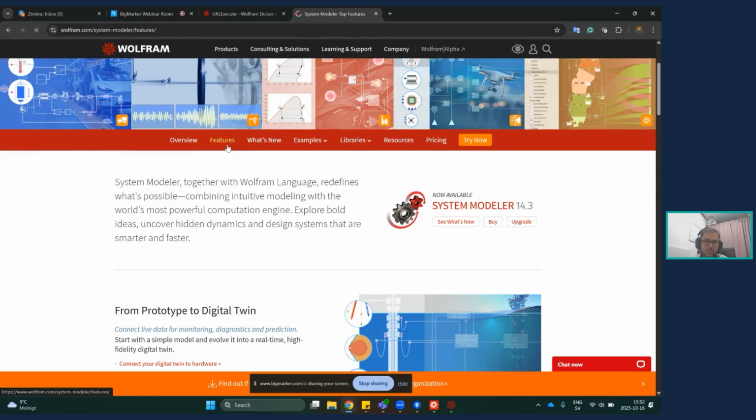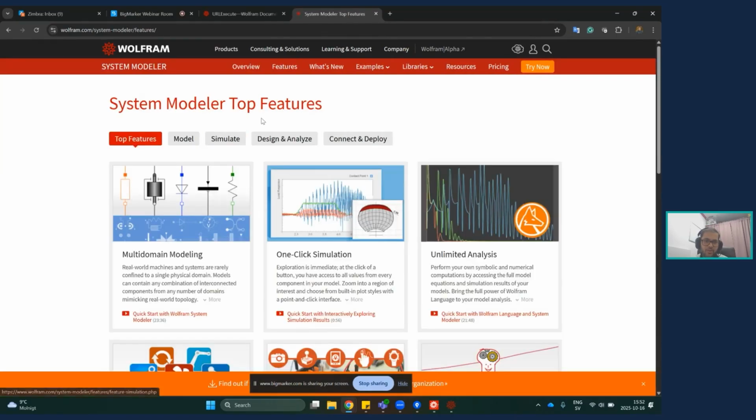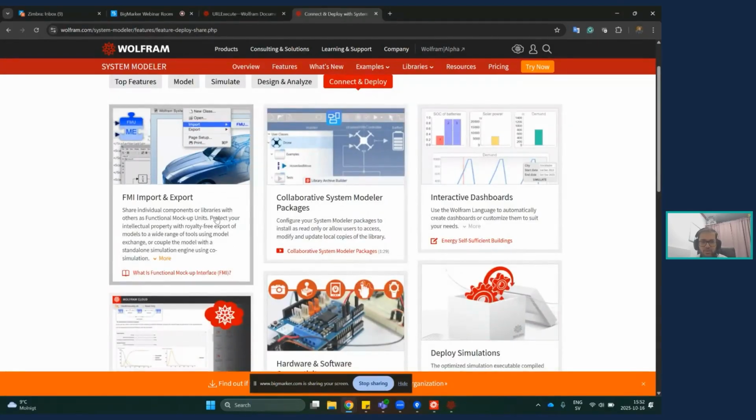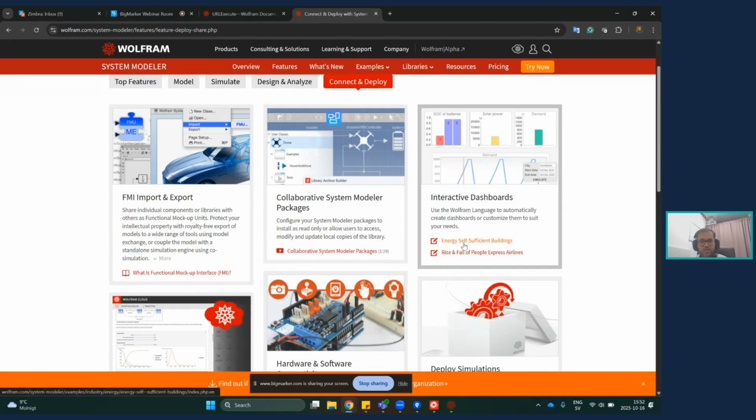If you want to know what you can do with the models once you have created them, we have listed different things one could do under Connect and Deploy. There are ways in which you could share your models by creating cloud notebooks that you can share with external users.